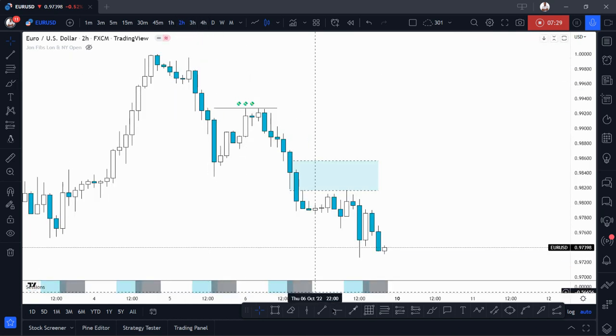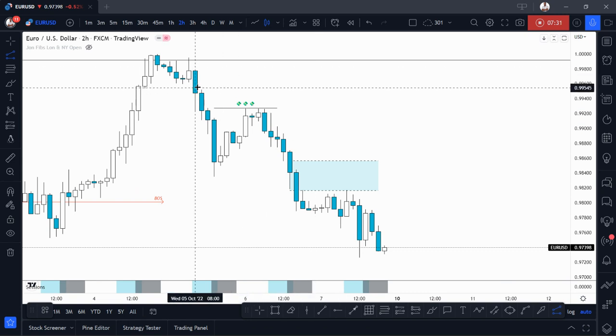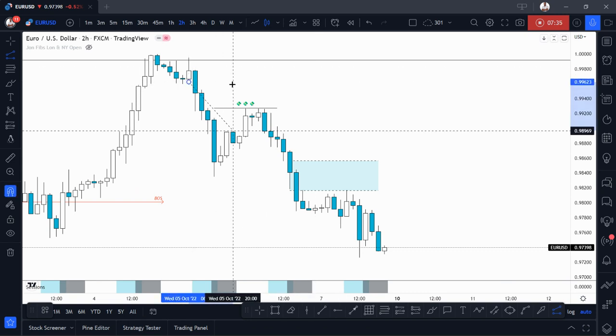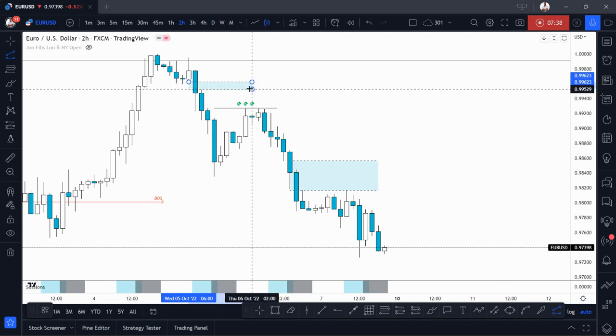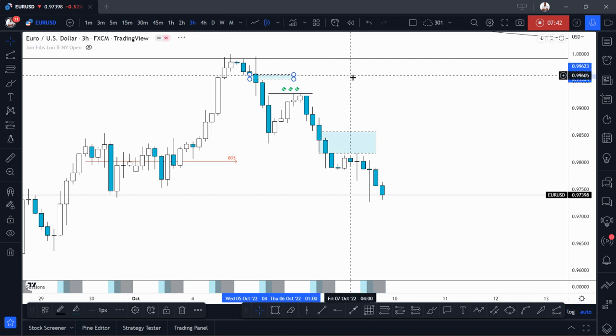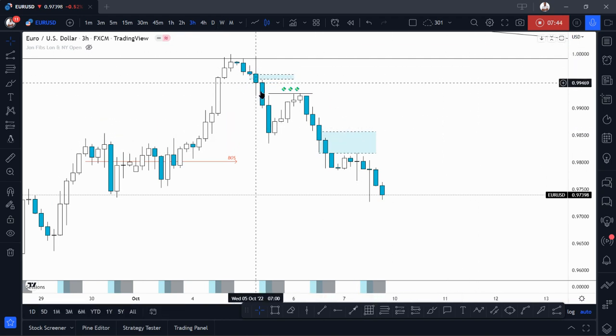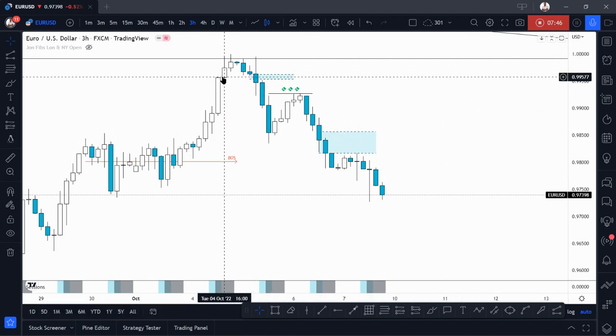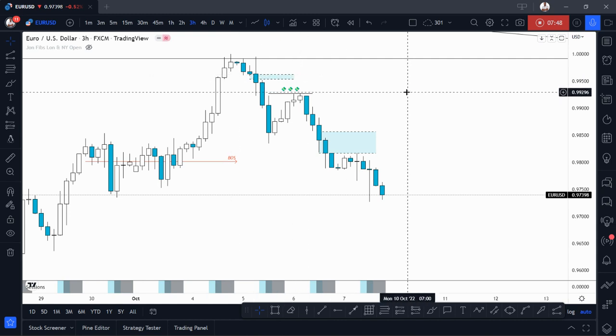Alright, on the 2 hour, I can identify this IPA here. So this is 3 hours. Okay. 3 hours having that little IPA as well.